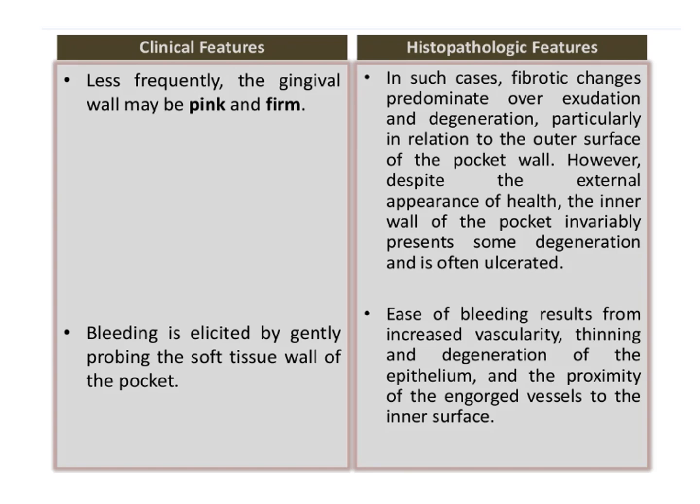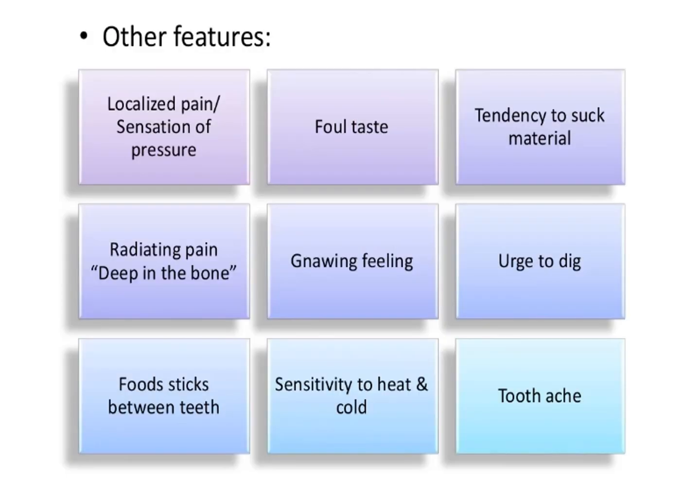We can also have a component of it appearing to be normal, as in pink and firm. As mentioned before, this is in a fibrotic condition, that means it is in a quiescent stage, but the pocket is still persistent. Bleeding on probing will be present, and sometimes there will be purulent discharge also present.